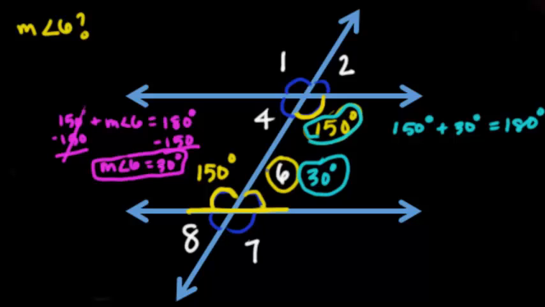So what we can say is that anytime we have interior angles, that means that they're in between the two parallel lines, and they're on the same side of their intersecting line, which means that they're both either to the right or they're both to the left. If they're on the same side and they're interior, like this angle right here and this angle, then we know they're going to be supplementary and they're going to add up to 180 degrees.